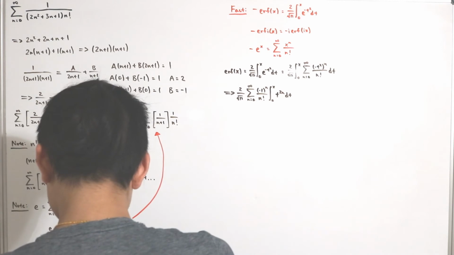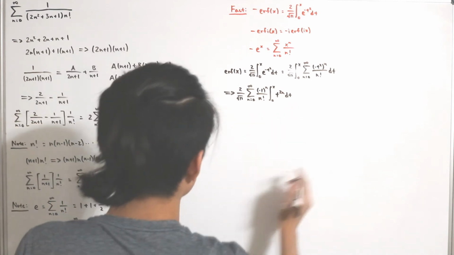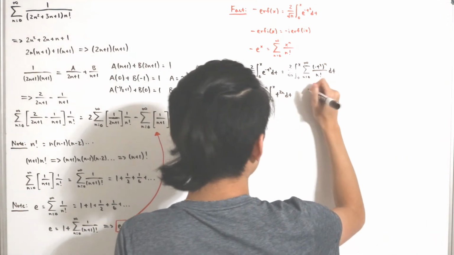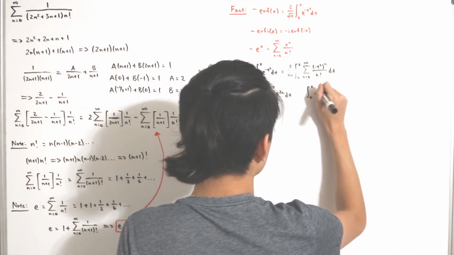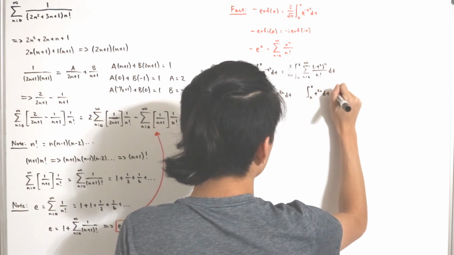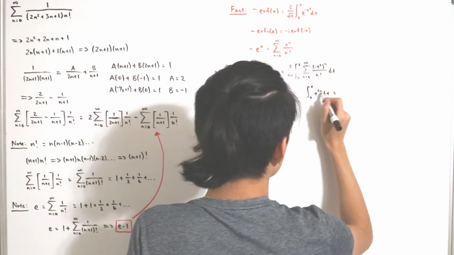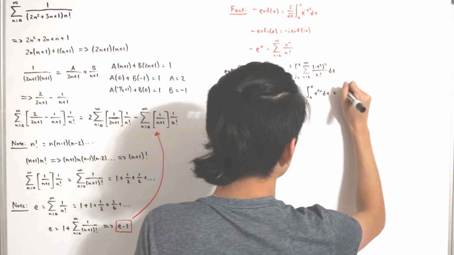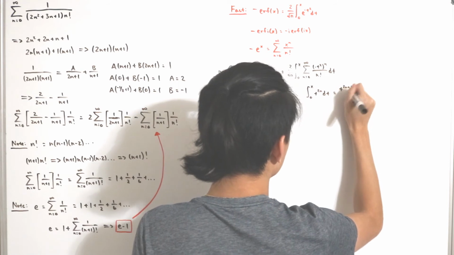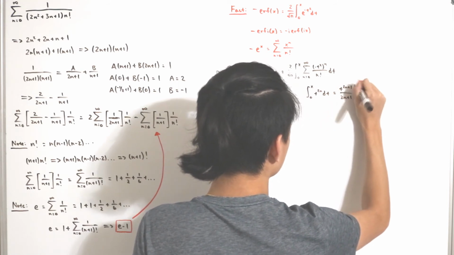Great. Now the only thing we need to do is evaluate this integral, which is pretty self-explanatory from here. You just use the power rule. So the integral of t to the 2n dt is add 1 and divide by that, so this is t to the 2n plus 1 divided by 2n plus 1, from 0 to x.